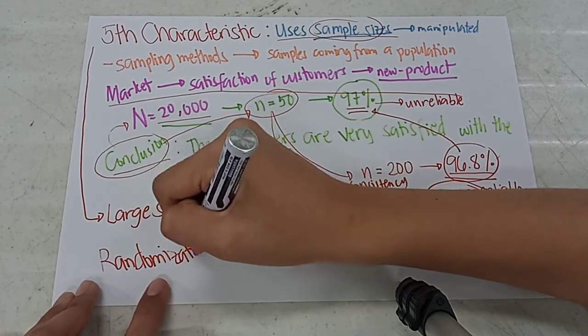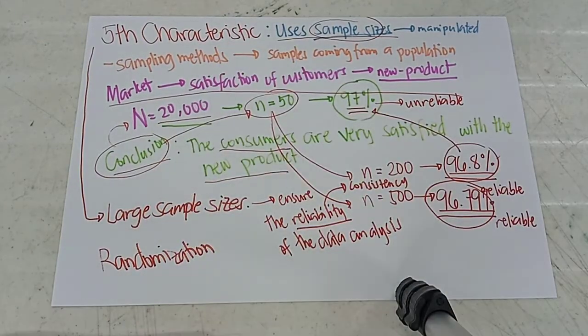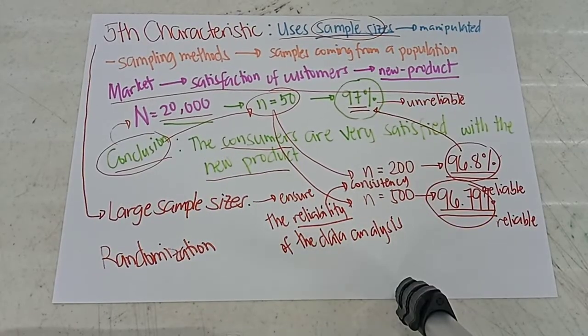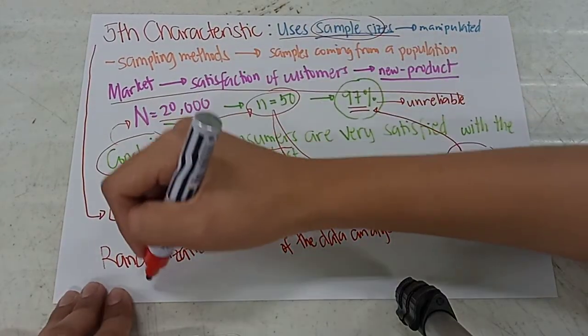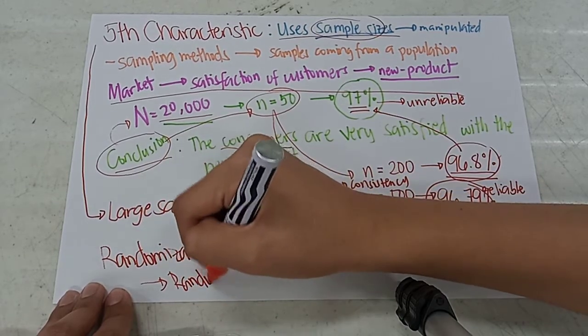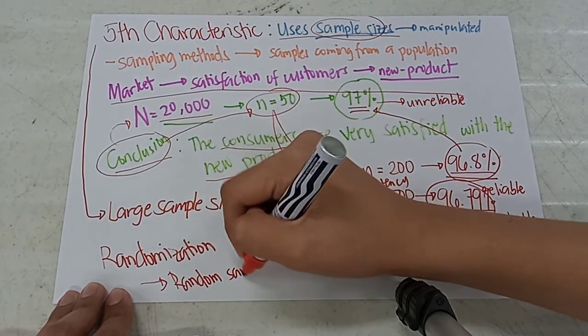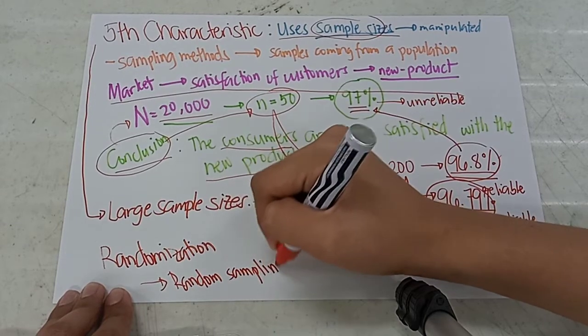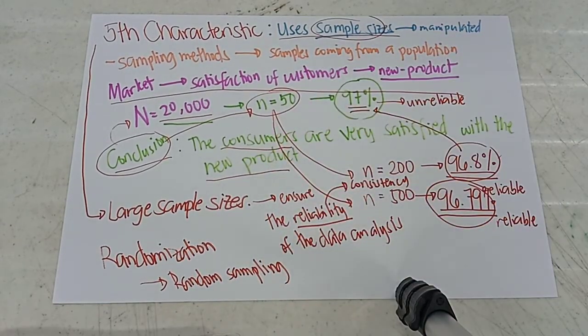What is the process of randomization? Randomization actually refers to random sampling. Meaning to say, we do not pick out the respondents for ourselves.